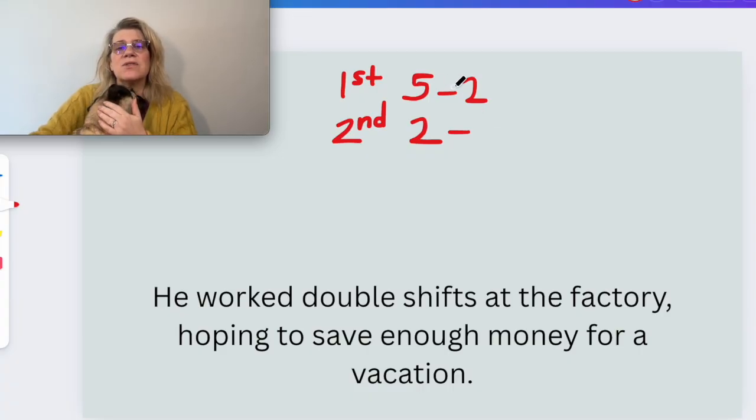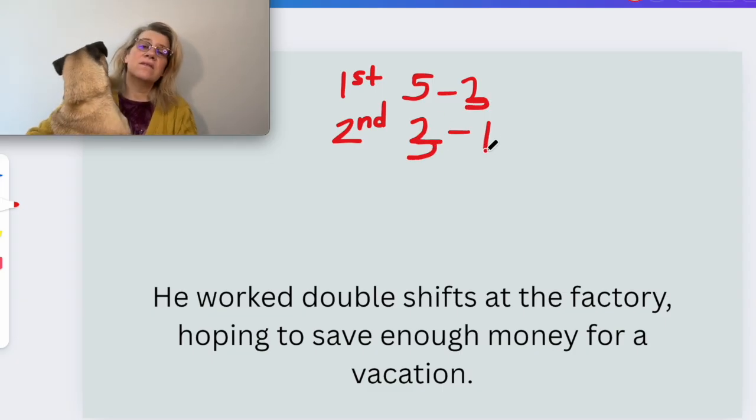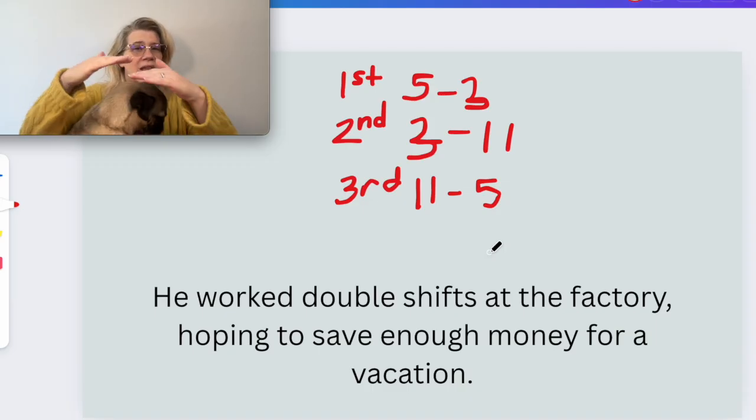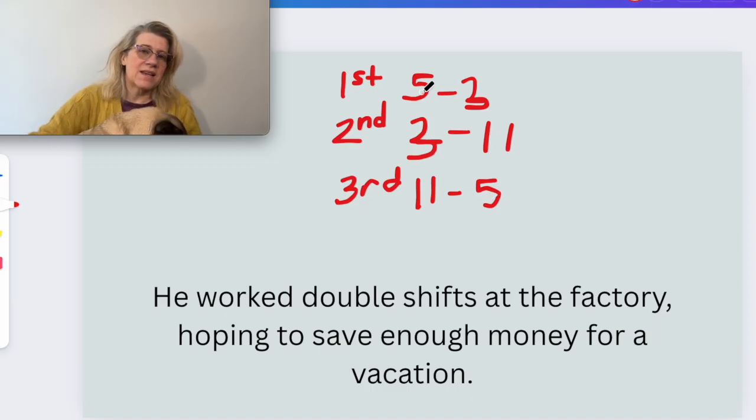So 5 to 2, is that 8 hours? Might be 5 to 3. And then this would be from 3 to 11. And then third shift is from 11 p.m. to 5 a.m.